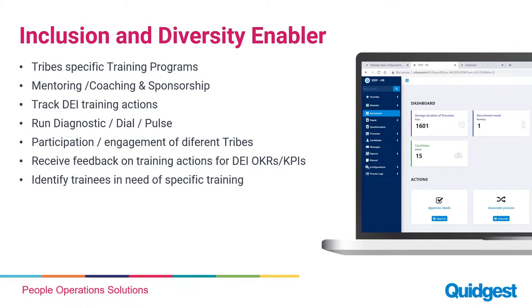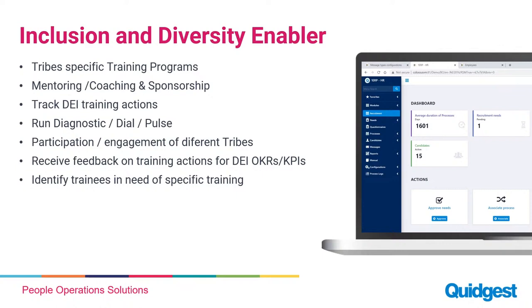So also tracking the participation of the trainees in your different trainings and the results, because you also might be sending them to training actions that are outside of the scope of DOI, in their professional aspects or certifications. But you want to understand what's happening with the participants, what's happening with the trainees.